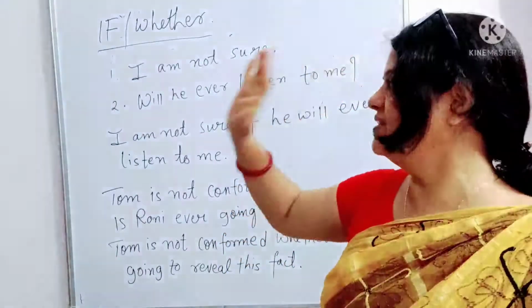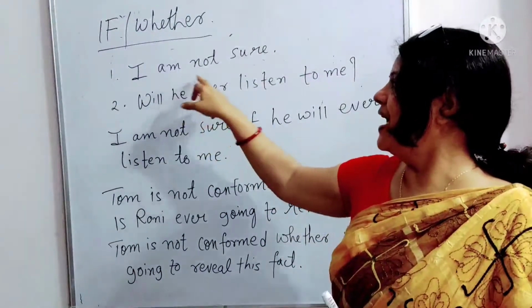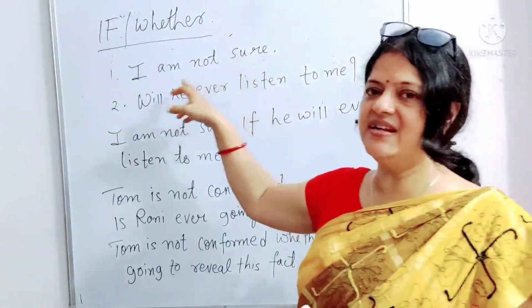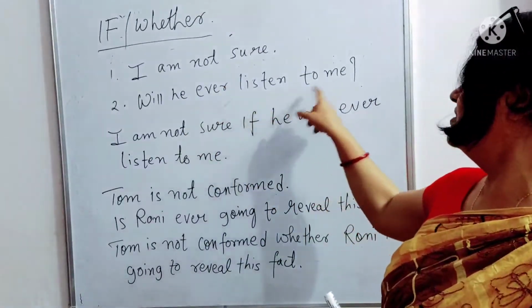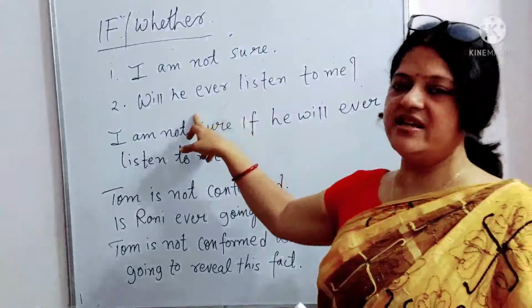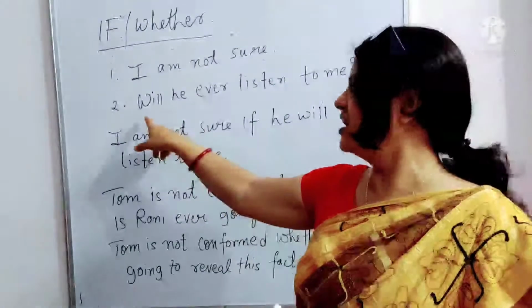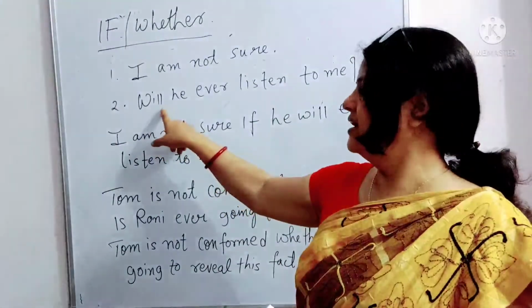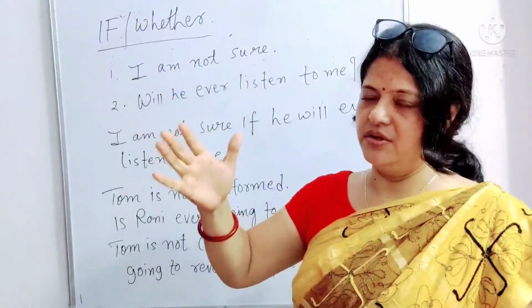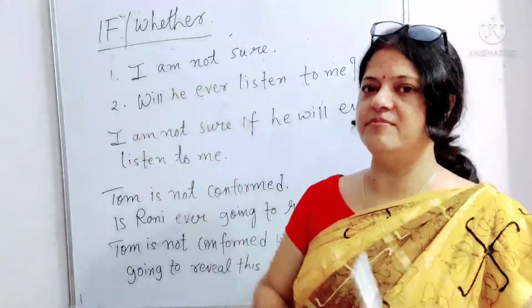Okay, so let's see the first example. I am not sure. So here we see that this sentence is an assertive sentence. Second sentence, will he ever listen to me? This sentence is an interrogative sentence starting with will. This is an auxiliary verb, and it has come as a question word in front of the subject.